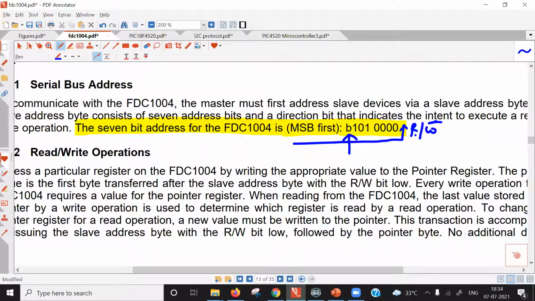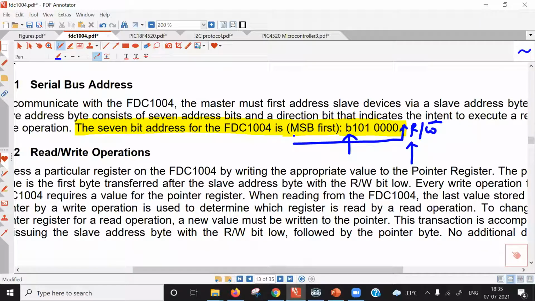When this bit along with the address is logic 0, it means that in the next cycle, the master will perform a write operation to the slave device. So this 8th bit indicates whether the next cycle is for a read operation or a write operation.